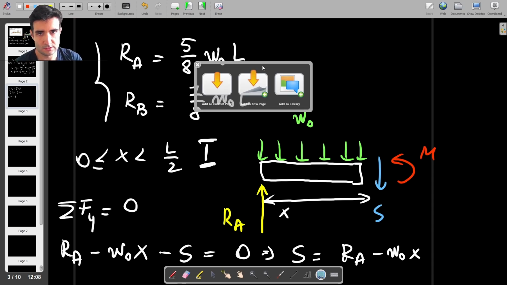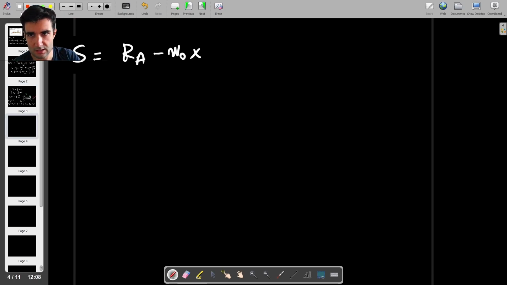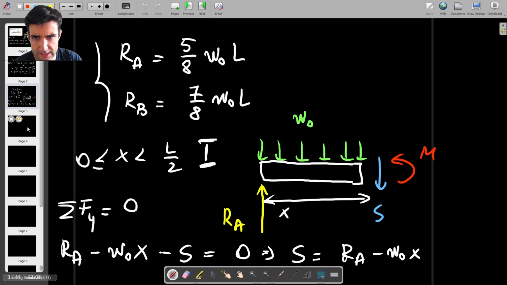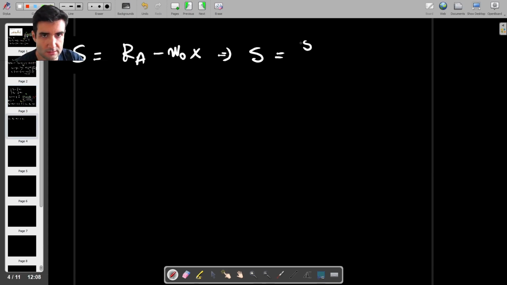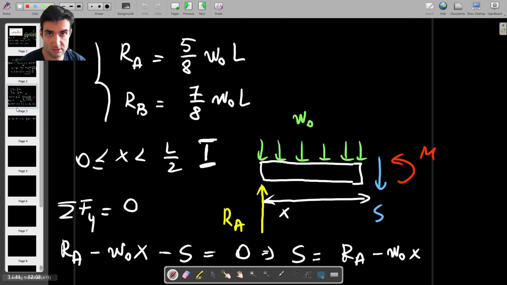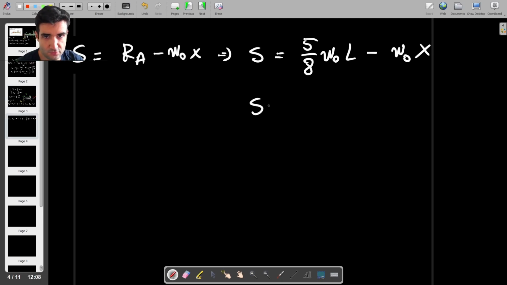I'll move this here, and this gives us that the shear force equals RA. RA was 5 over 8 W naught L, and this is minus W naught x, where x, remember, is our variable, changing between 0 and L over 2. So the shear force, S of x, as a function of x, is going to be W naught times 5 over 8 L minus x.